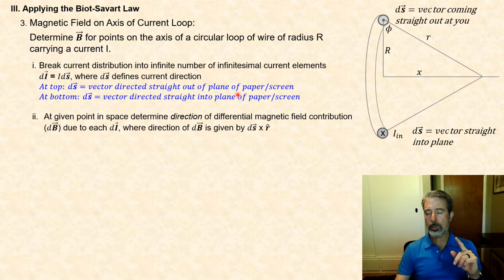So when you notice here, for these two current elements I'm showing you, when we look at the top, let's draw in the direction of r hat. R hat always goes from the current element to the field point.